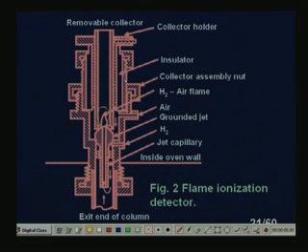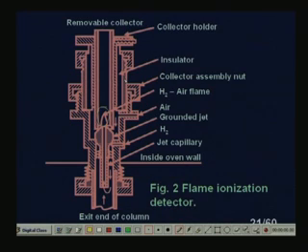Normally, an external bucking voltage is applied to balance the potential generated by the ions and free electrons generated in the pure hydrogen air flame. This ensures that a net current flows only when ionized materials enter the gap, thus enhancing the differential sensitivity of the detector.